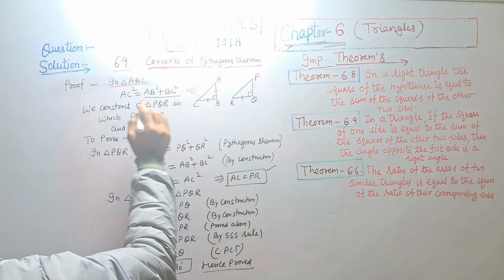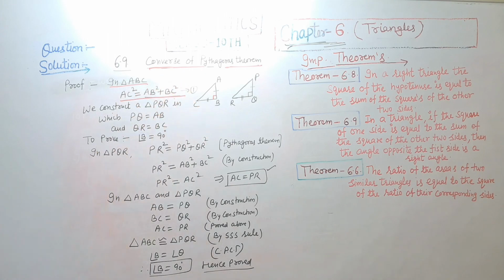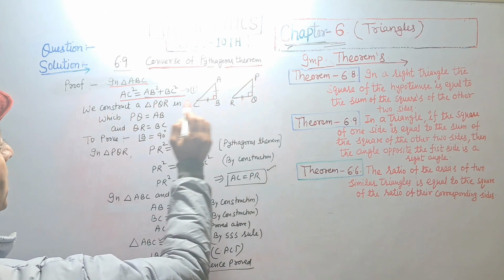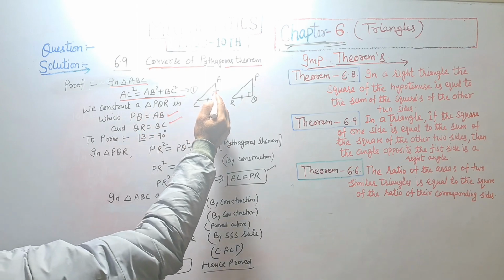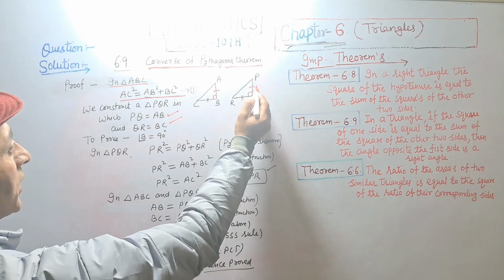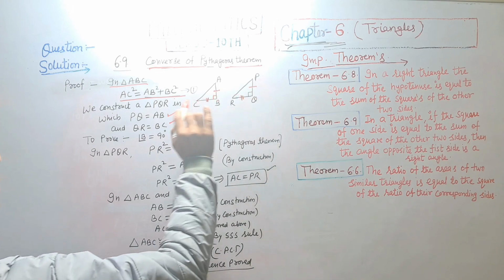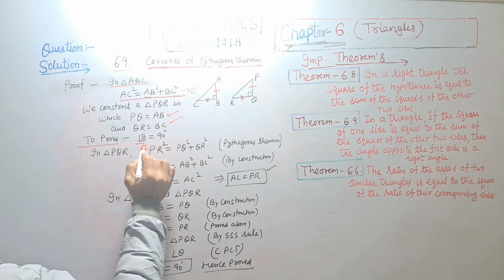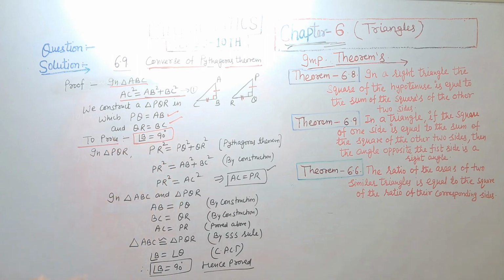In triangle ABC, AC square is equal to AB square plus BC square. It's equation number first. And we construct a triangle PQR in which PQ is equal to AB and QR is equal to BC. To prove angle B is equal to 90 degrees.